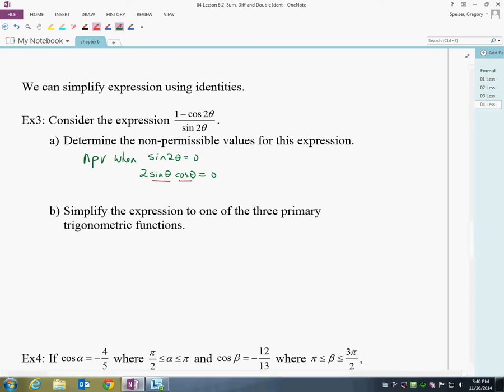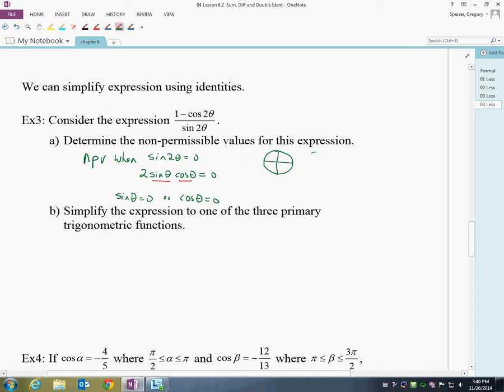Okay, so just to write that out, this is going to happen when sine of theta is equal to 0, or when the cos of theta is equal to 0. Well, when does that happen? Let's consider our unit circle again, just to remind us how this works. Let's consider the sine ones first.